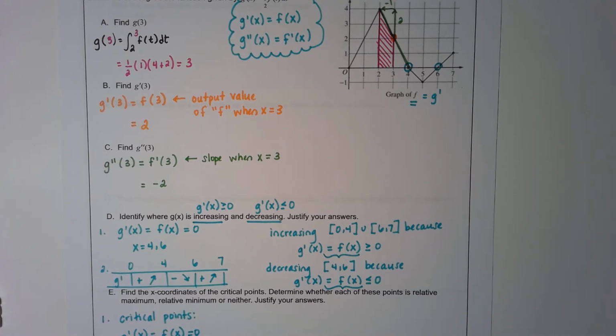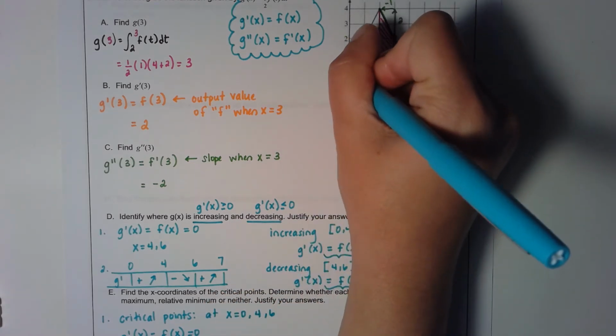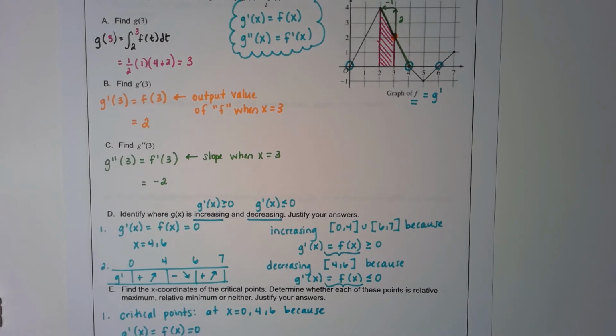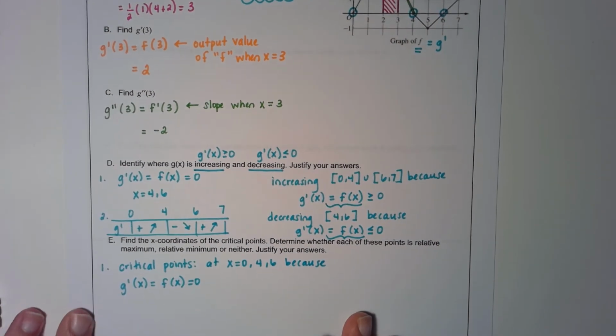So that would be at 0 and 4 and 6. So we would say at x equals 0, 4, and 6, because g prime of x, which is equal to f of x, is equal to 0.